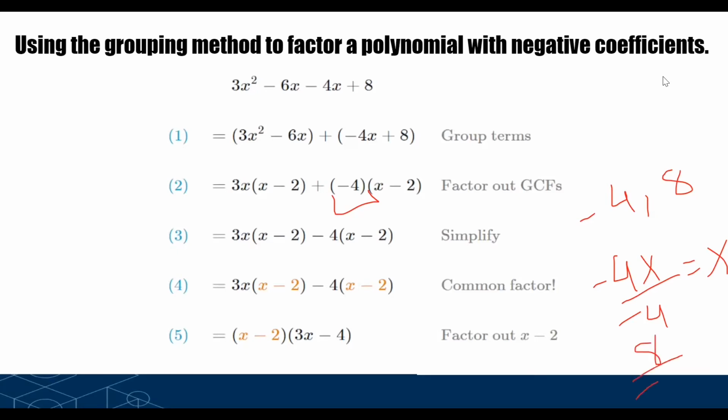And 8 divided by negative 4 is negative 2, because a positive number divided by a negative number is negative. So that's going to be negative 2.